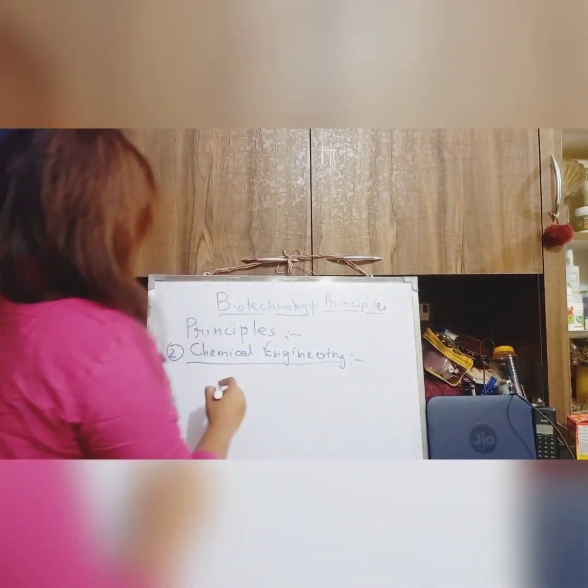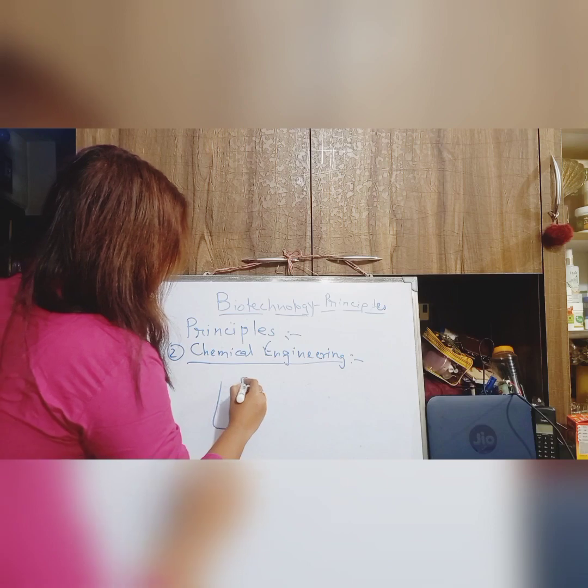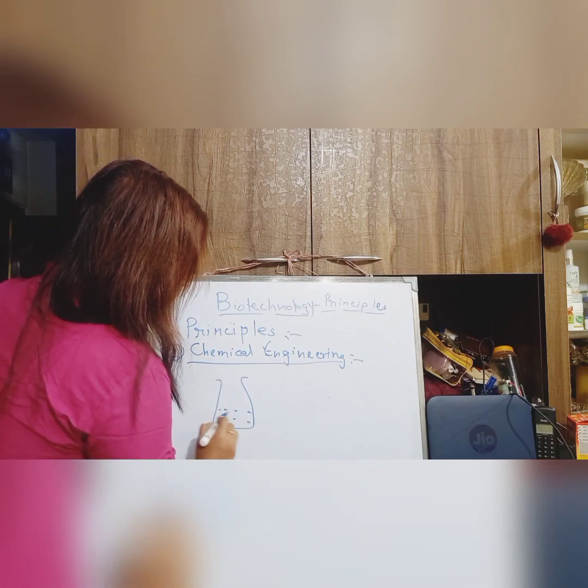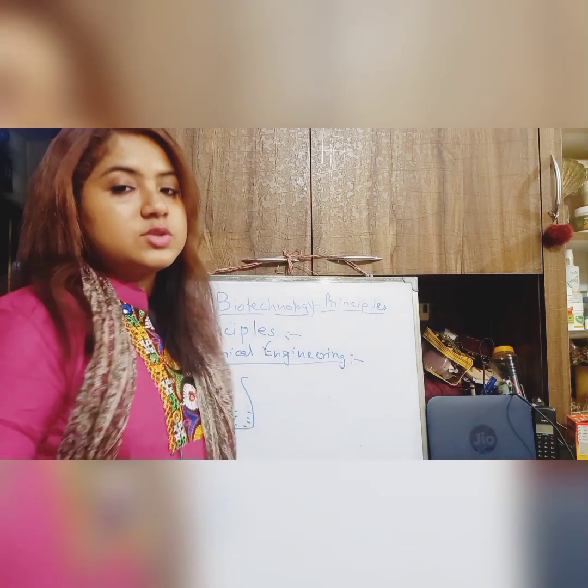In chemical engineering, the microorganism which is being used over here will be free from contamination of microbes. So here we will take, for example, a glass and the microorganism which we want to transform. We will keep it contamination free so that there is no competition from another microbe which is growing faster than the microbe which we want to transform.